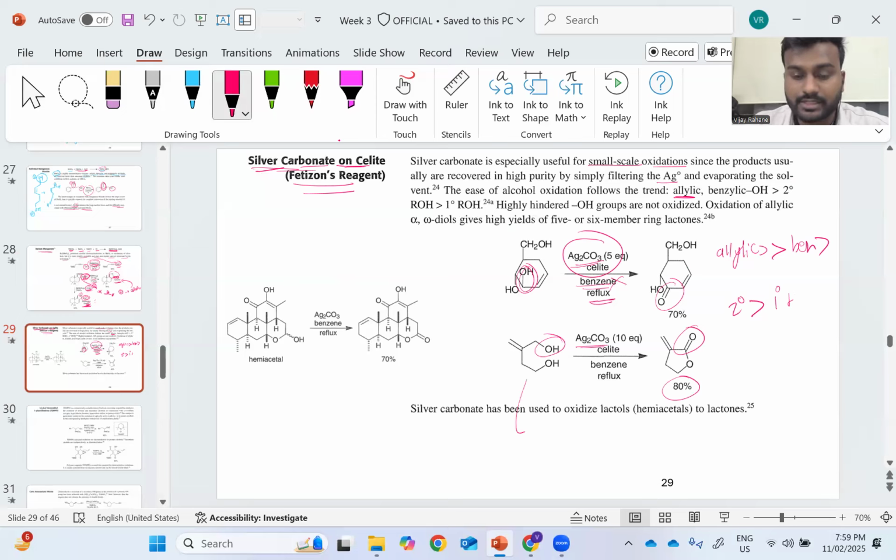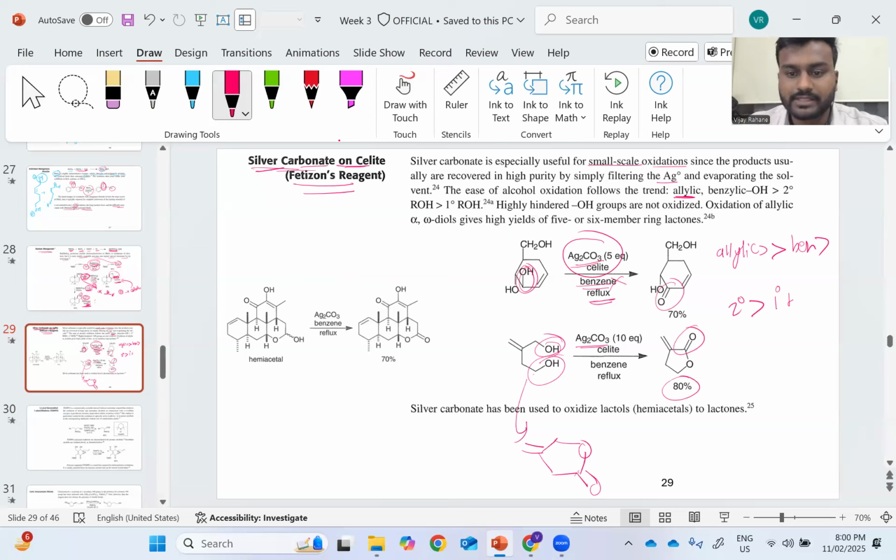So in this case, the selectivity is important, because if you use any reagent which doesn't have this selectivity, what happens? We can also get a product in this. So the product will be this. So we can also get this product in the reaction mixture. The oxidation of this alcohol takes place, and also possibly this attacks on the aldehyde and gets the product.